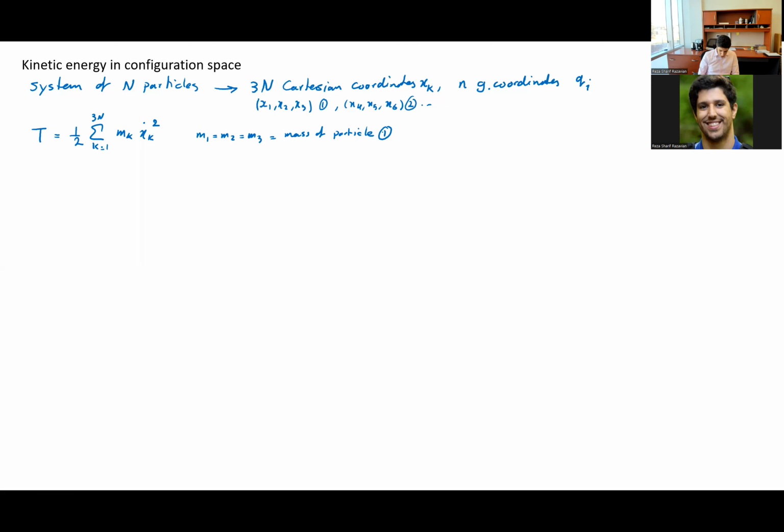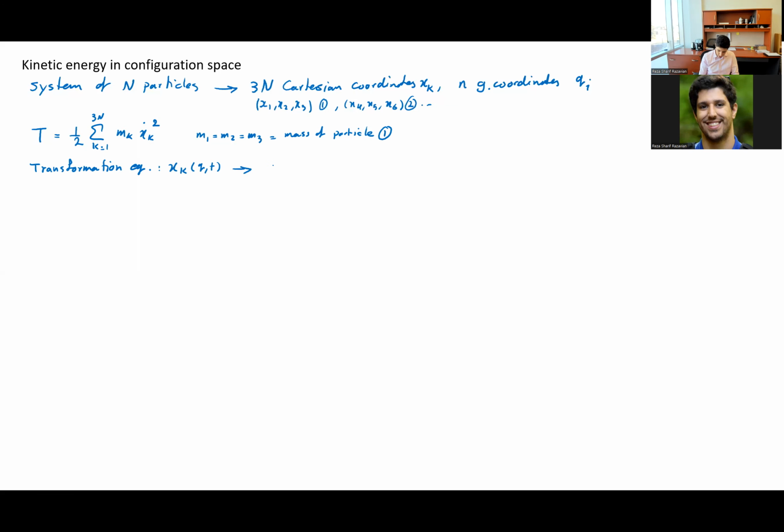So to do that, we use the transformation equation that we have. So each of these coordinates, xk, could possibly be a function of q and time. We have this transformation equation.